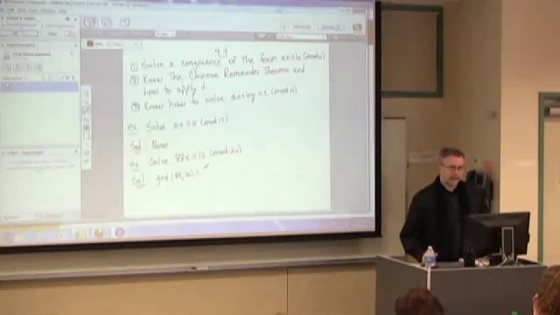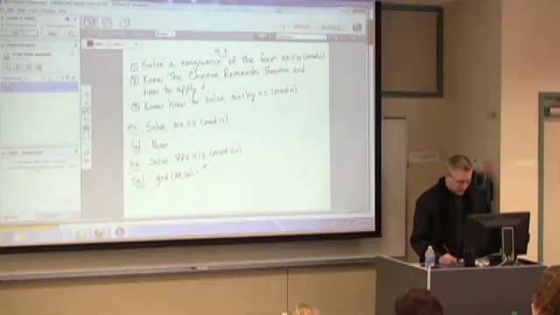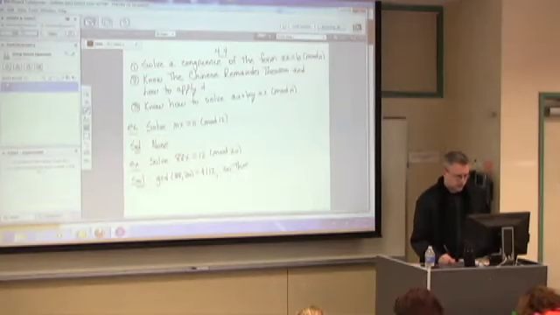It doesn't divide 88, so the GCD has to be 4 in this case. And 4 divides 12. So there are 4 solutions, right? And of course, again, there are 4 solutions modulo 20.